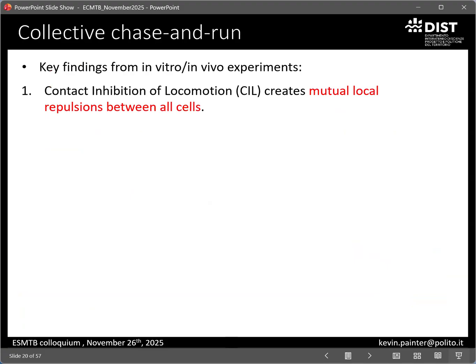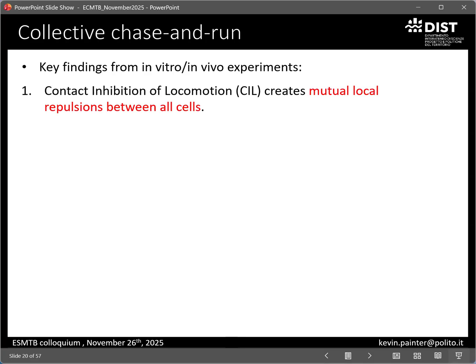And there's been quite a lot of experiments done on this, particularly by the Mayer group that came up with these original observations. The first one is that there's this process of contact inhibition of locomotion between the cells.